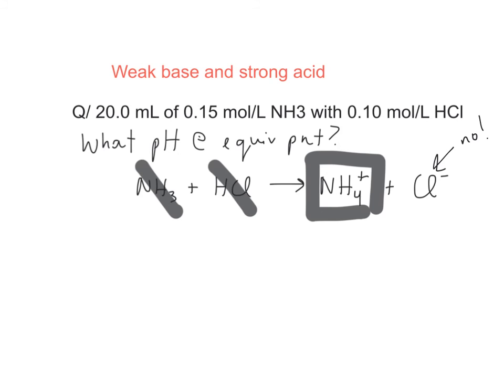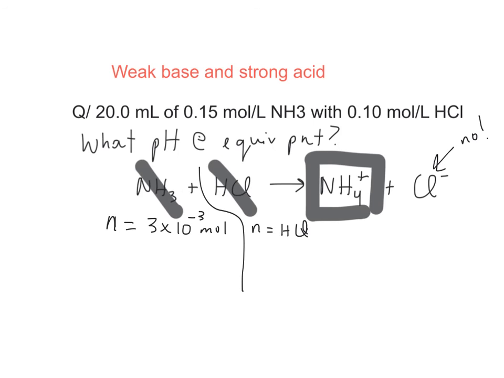So I'm going to use the concentration and volume of my ammonia to get moles of ammonia. Your moles of ammonia will be 0.02 times 0.15, which is 3 times 10 to the power negative 3. Again, tell me if I'm wrong. At the equivalence point, same molar amount of HCl. That's the definition of equivalence point.